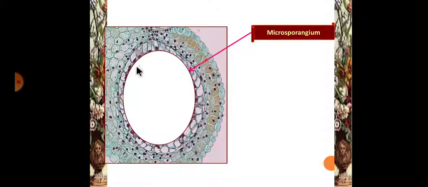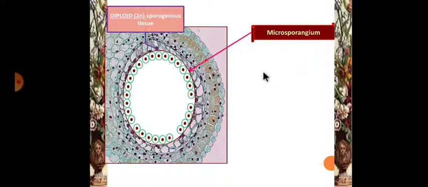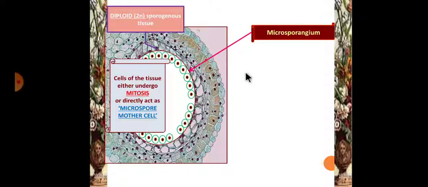Microsporangium, this whole cavity is called the microsporangium. The microsporangium will be made up of diploid cells called sporogenous tissue. The cells of this tissue either undergo mitosis or directly act as an MMC, meaning microspore mother cell.